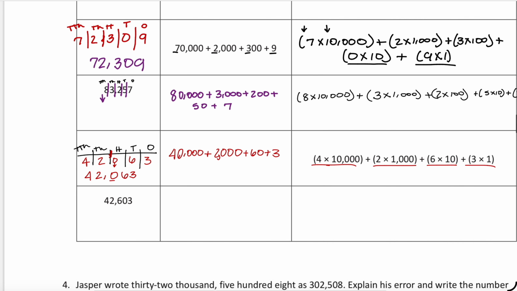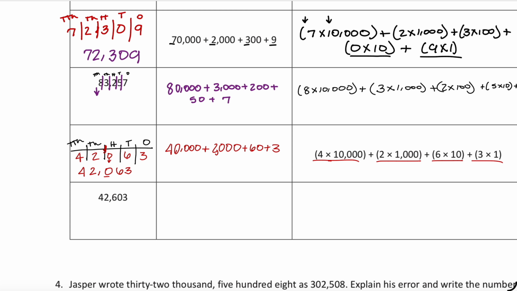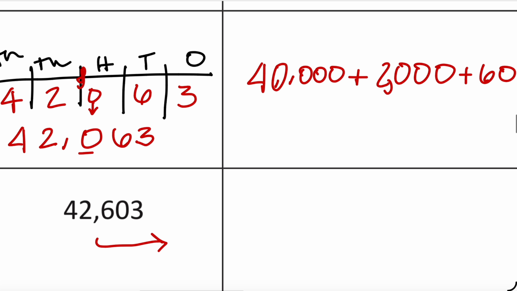I feel like this is going to be very beneficial for you. The next one, we have our number in standard form. Now we just got to make it into expanded form and then expanded notation. Sometimes I like to draw lines to help me out and label them. Ones, tens, hundreds, thousands, 10,000s.